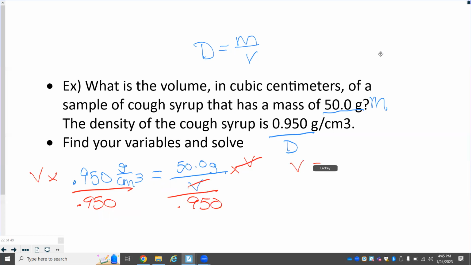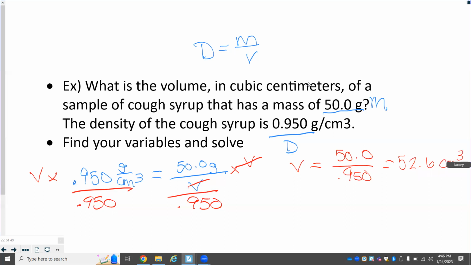So we have volume is equal to the 50 grams divided by 0.950, which when we put this in the calculator, we get 52.6, and that is cubic centimeters for the unit.